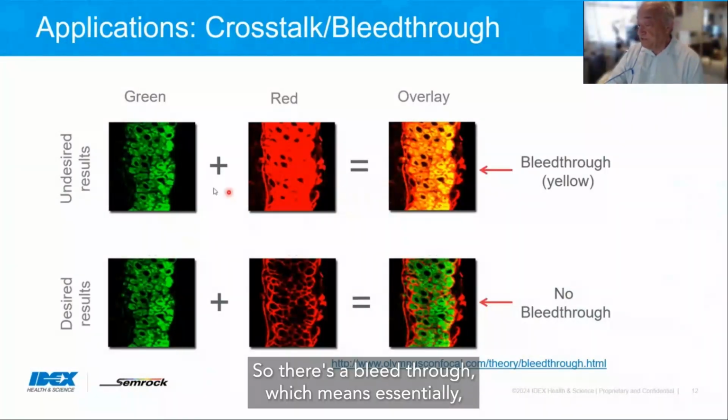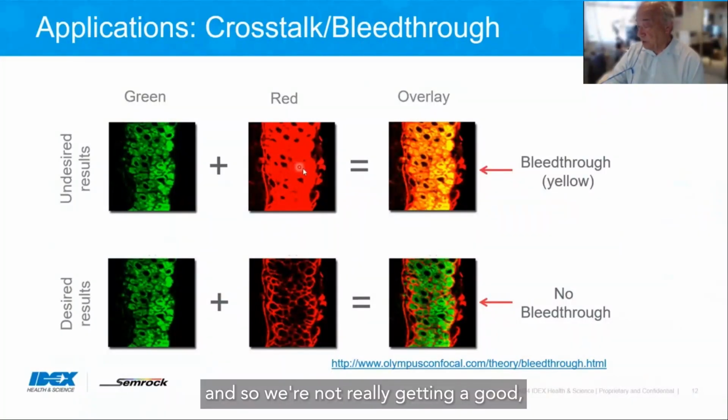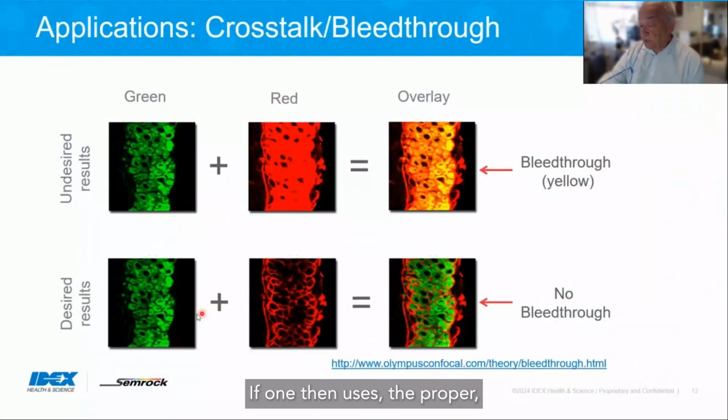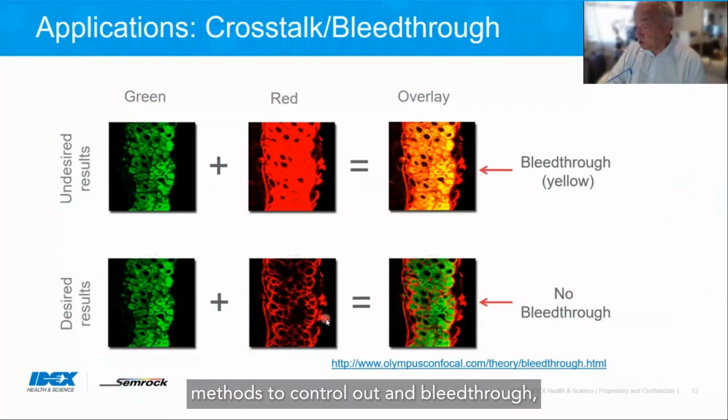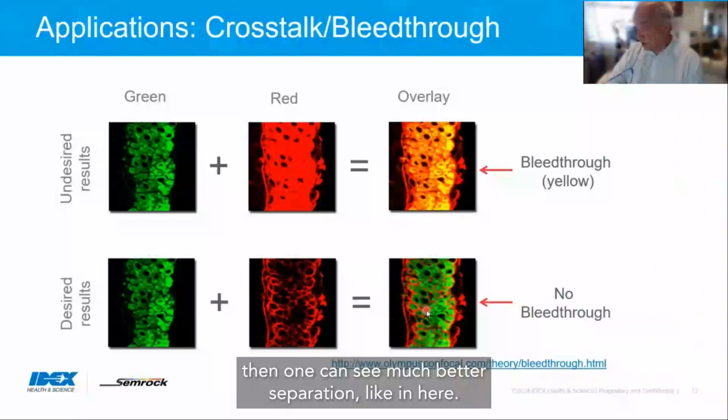So there's a bleed through, which means in this case that green is contributing to the red, and so we're not really getting a good image of the red channel at all. If one then uses the proper methods to control crosstalk and bleed through, one can see a much better separation, like in here.